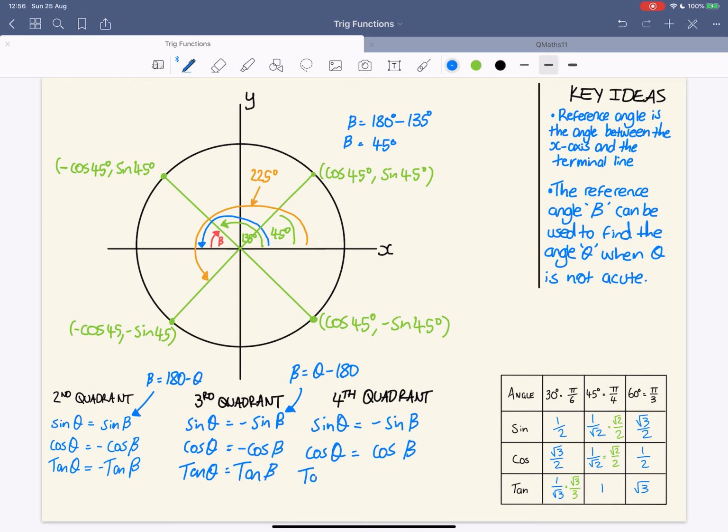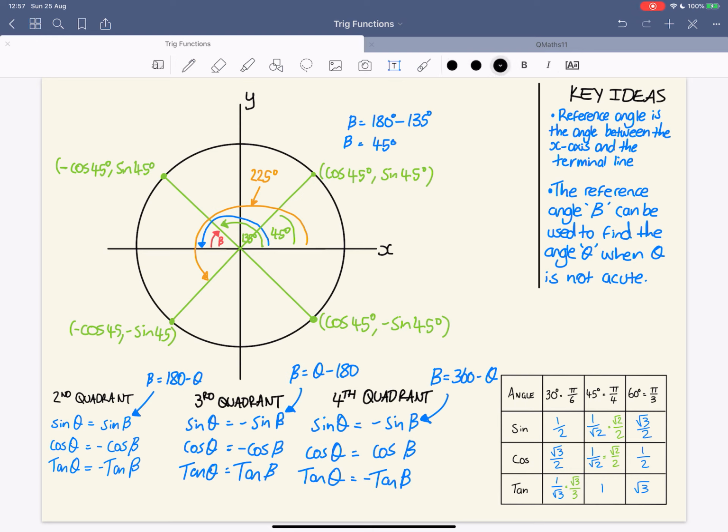And then the tangent of the angle would be, well, it's a negative divided by a positive, and that would be the negative tangent of the reference angle. And how do you find the reference angle in the fourth quadrant? Like we just said, you take away theta from 360 degrees, and that'll give you your reference angle. And then we know that the sine and the cosine of those reference angles are equal in size to the sine and the cosine of the angle that you were given.